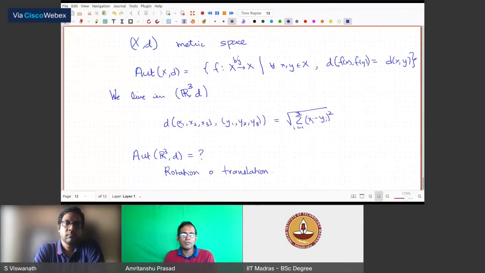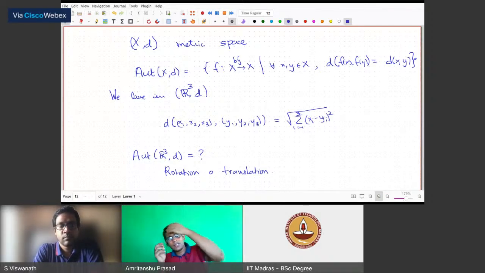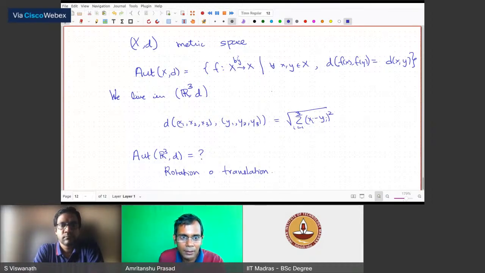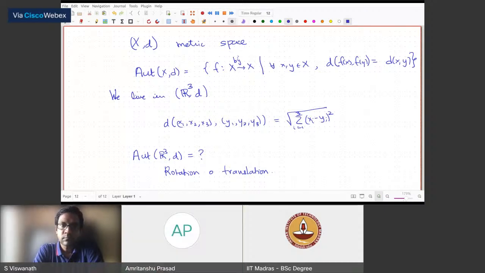Rotation means that you have a fixed axis and you rotate by some angle about that axis, and translation means you keep everything parallel and just move it from one point to another, namely you add some constants to the coordinates of your point. So certainly, automorphism groups also occur in such situations.